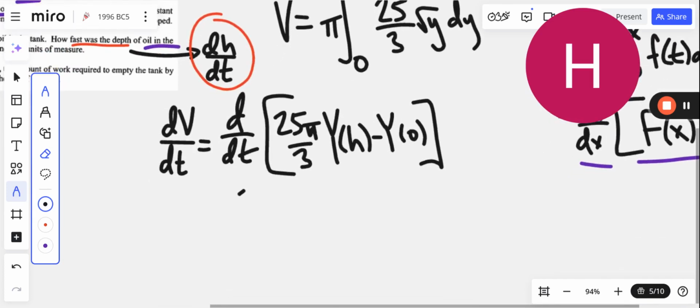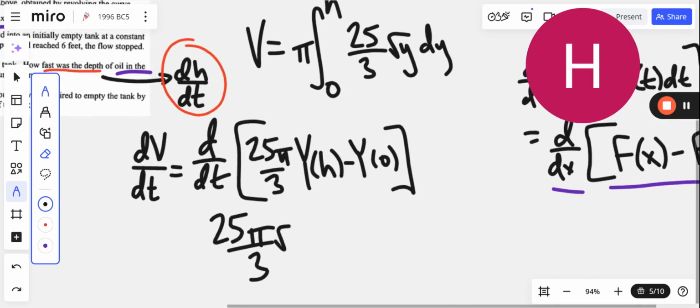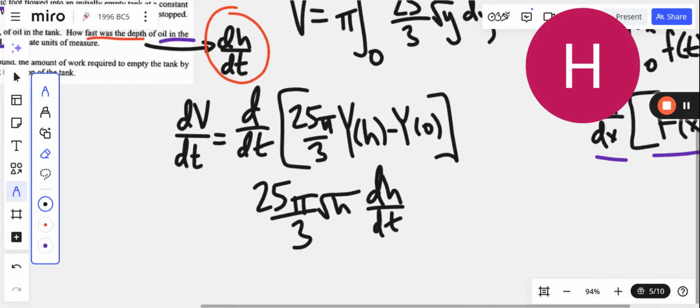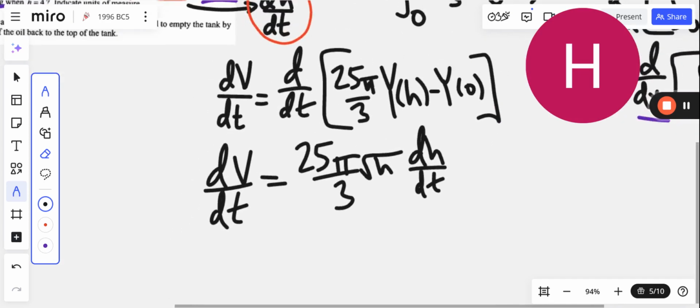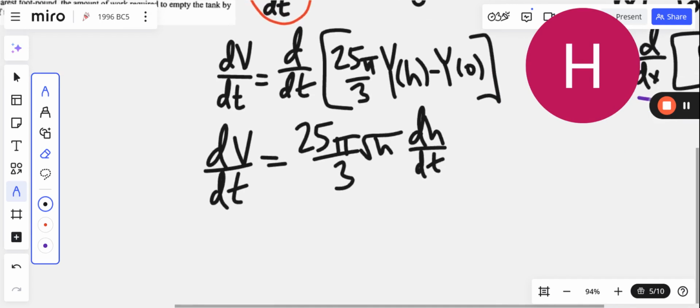And when we take that derivative, we get, again, 25 pi over 3. Let's just call this the function at h, so square root of h, minus square root of 0 just goes away. But we have to multiply by the derivative of h because of the chain rule. Right? This is a related rates problem. So we have to multiply by that implicit derivative. And again, we know this is equal to 8.